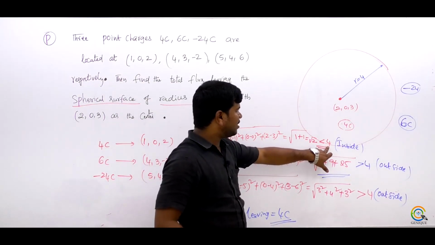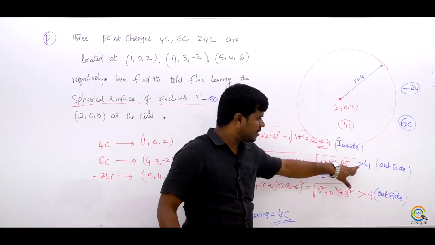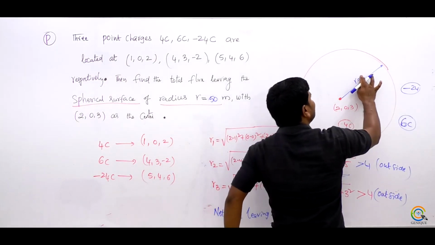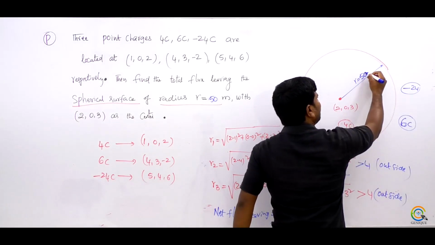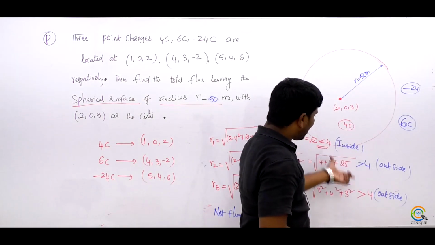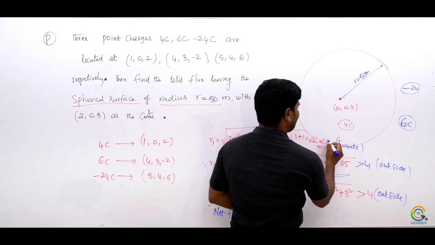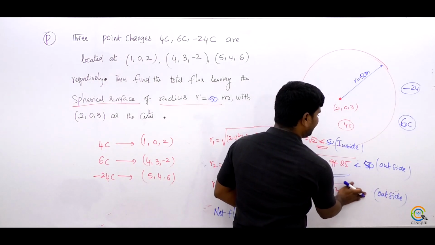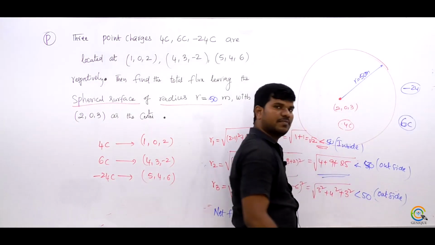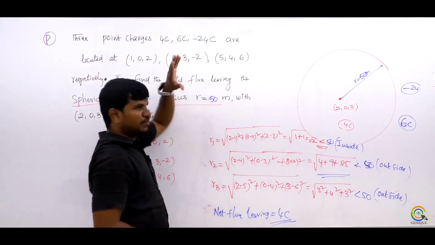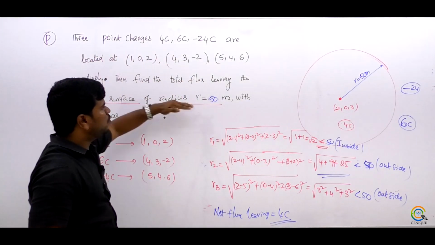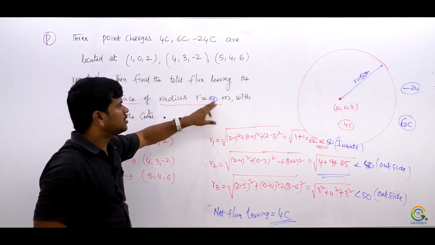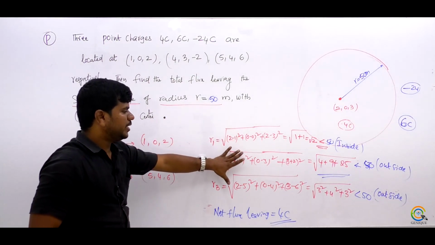These charges are all less than 50, so they are inside. Suppose the radius is 50 meters. Compared to the previous question, only the radius is changed. If the radius is 50 meters, what will it be?